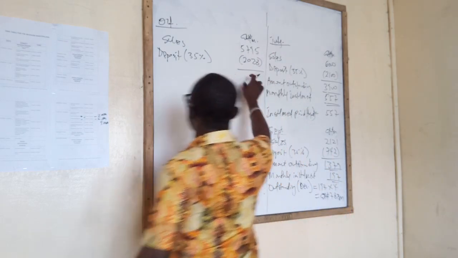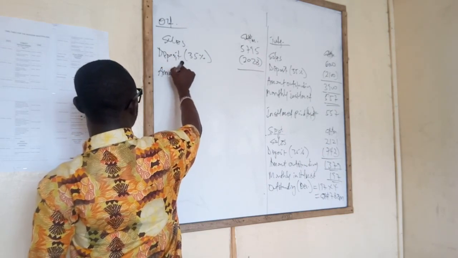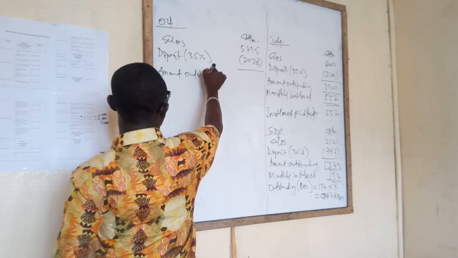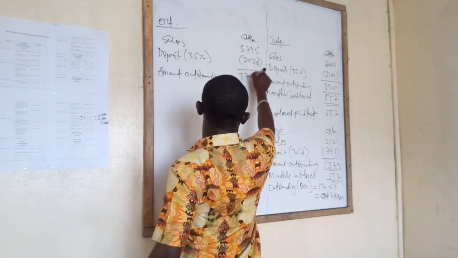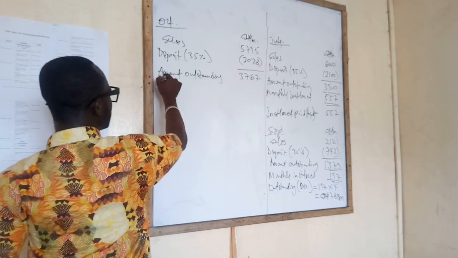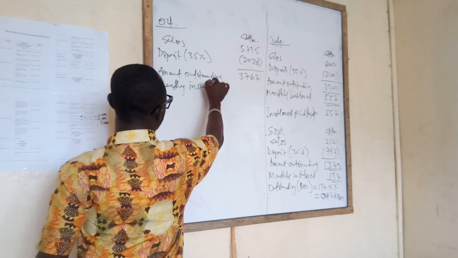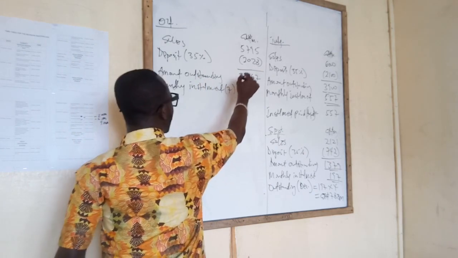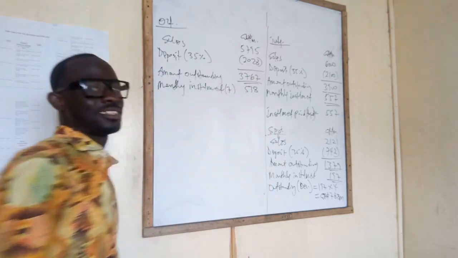Amount outstanding: 3767. Monthly installments: 538.